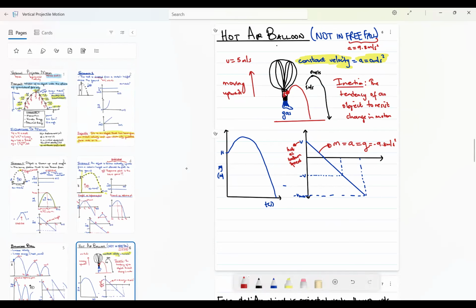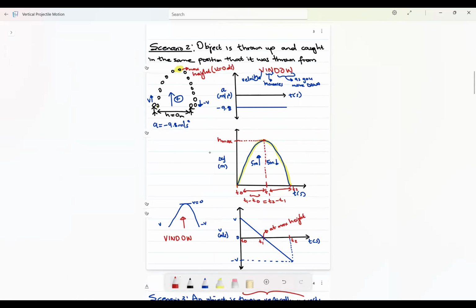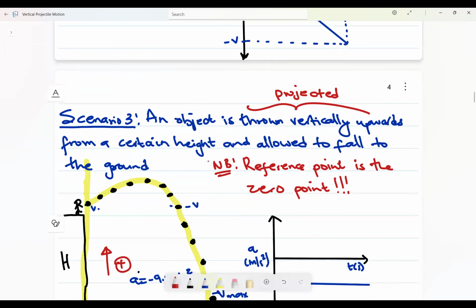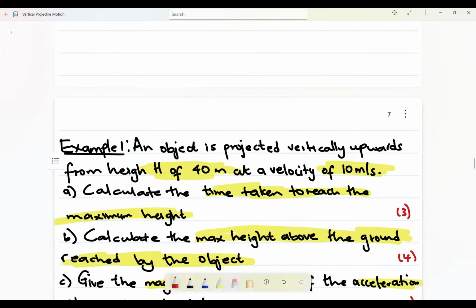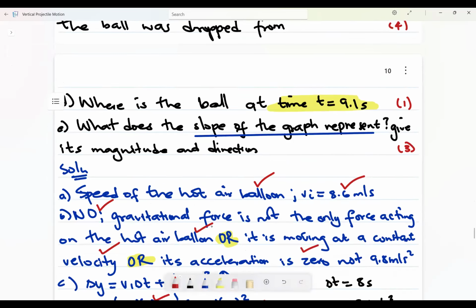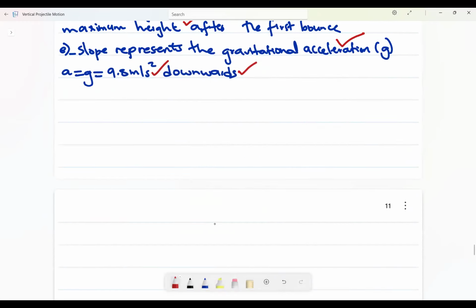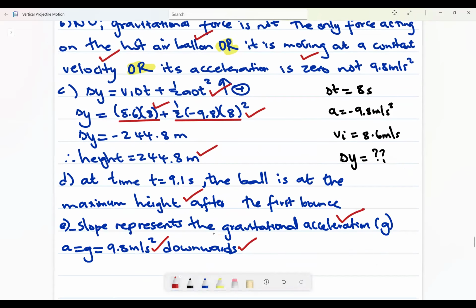I want to believe that we had a great session today, where we went through the topic of vertical projectile motion. I hope you have an idea now of what is happening. What will follow up now is exam question papers that I will take from previous question papers. Remember, I do not like doing examples from textbooks. I prefer using exactly what is in question papers.